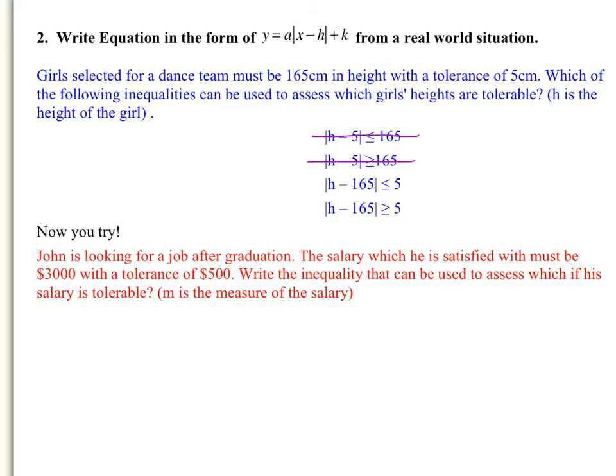So that means the tolerance needs to be less than or equal to 5. So we have found our inequality. Now it's your turn. Read the problem in red and see if you can write the absolute value inequality. Go ahead and pause the video, and when you're done, you can play it to see if you were correct.